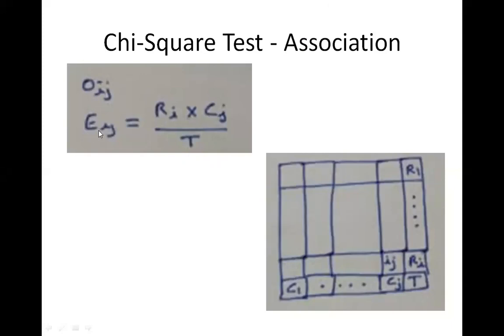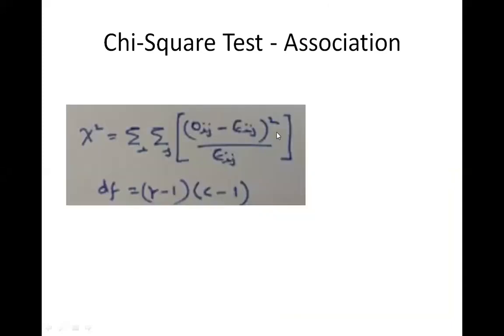Anyway, so this is the formula for expected frequency, and the formula for chi-square is sigma i, sigma j of the square of the difference between observed and expected frequencies, divided by the expected frequencies, and the degree of freedom will be row minus 1 into column minus 1.